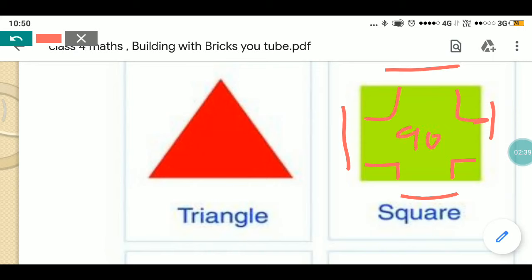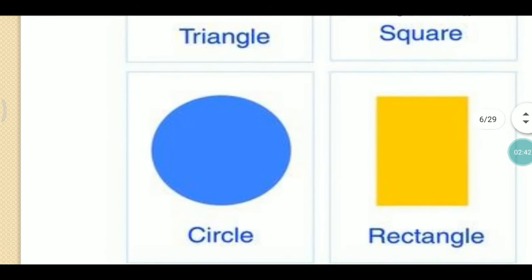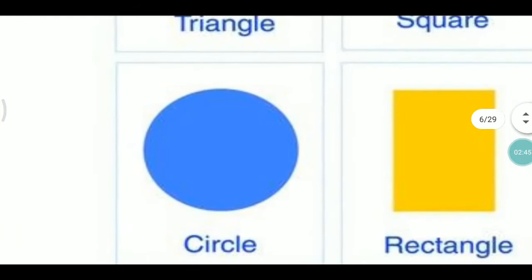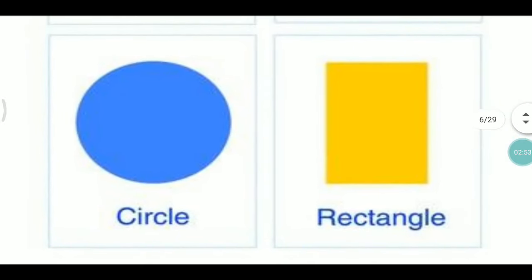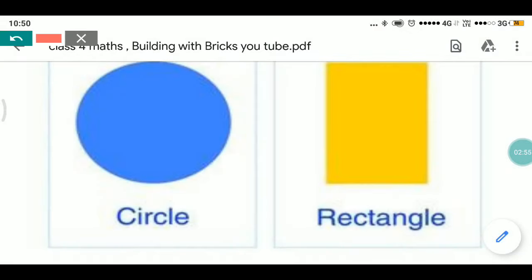The third one is circle. A circle is a round 2-dimensional shape. Examples: a wheel, a dinner plate, the surface of a coin. Fourth one is rectangle. A rectangle is a shape with 4 sides and 4 corners.